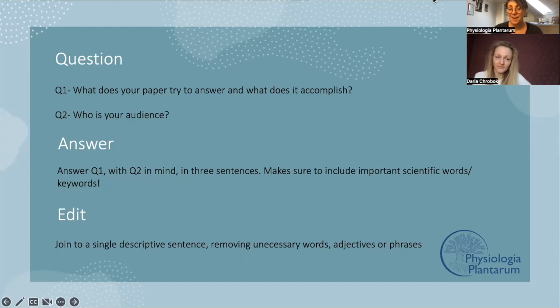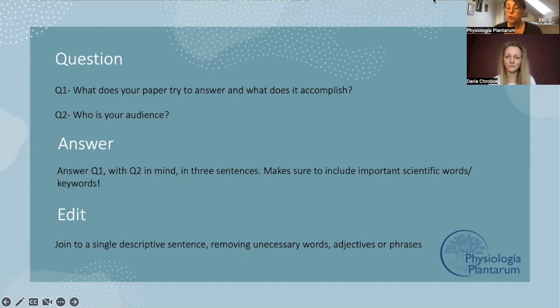Yeah. And the other thing you have to think about when you construct your title is that you should include the important scientific words and also keywords. This is because that will tell people what you have done. So if you have been working with a specific gene, you should probably mention that this is what you've been working on. If you're focusing on a certain problem, that should also be in focus.